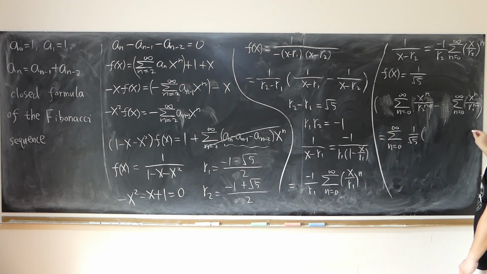After I factor out the x to the n, I have 1 over r2 to the n plus 1 minus 1 over r1 to the n plus 1.